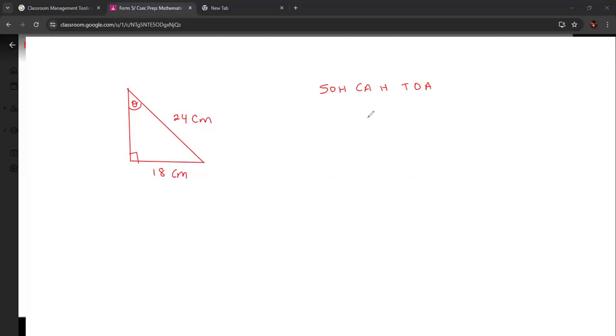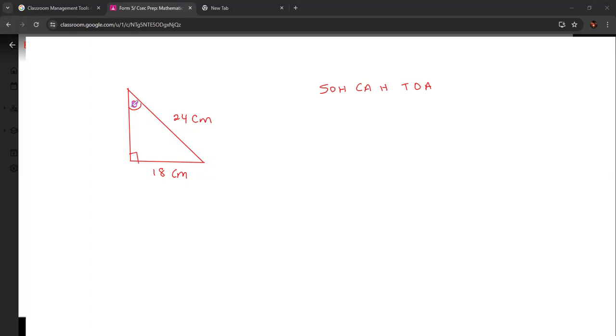Then you have to identify which one is which. Now the angle could be theta if it's an unknown, or it could be any letter. They could use A, B, C, X, Y, Z, any letter.